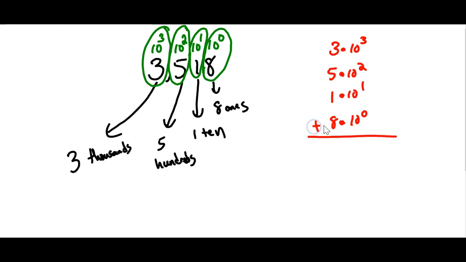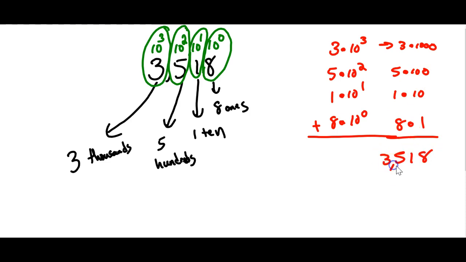That's what I'm really adding up here. That's 3,518. And so this is like 3 times 1,000 plus 5 times 100 plus 1 times 10 plus 8 times 1. And when you add those up, you get 3,518.